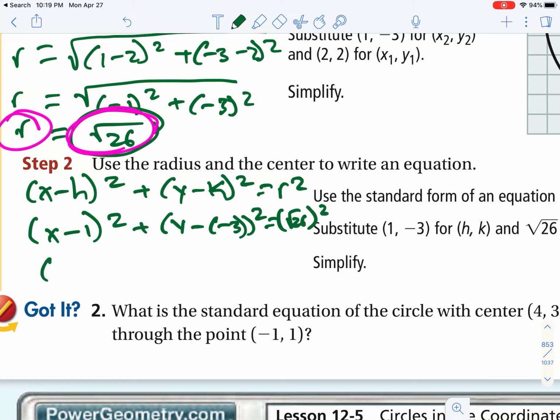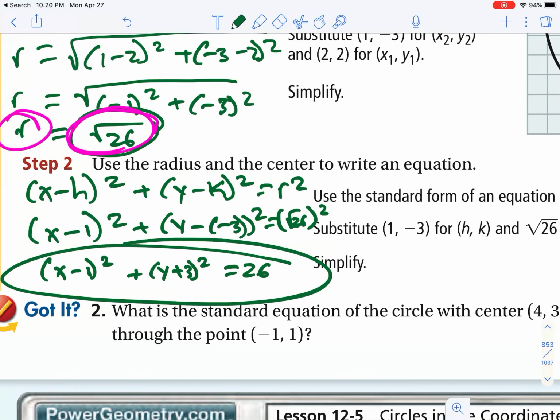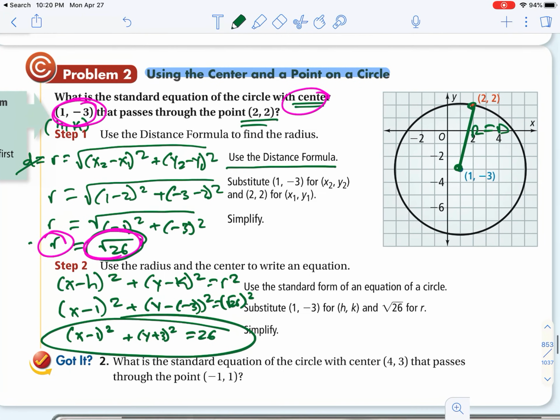So final answer looks like this: (x minus 1)² plus (y plus 3)² equals 26. Okie dokie. So remember what the question is, right, what is the standard equation of the circle? And so that is our answer. This guy, bam, right there.